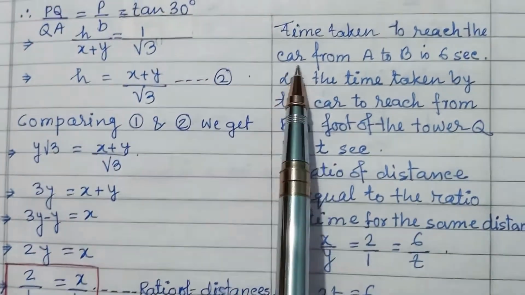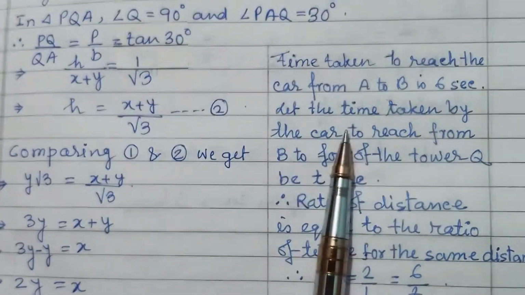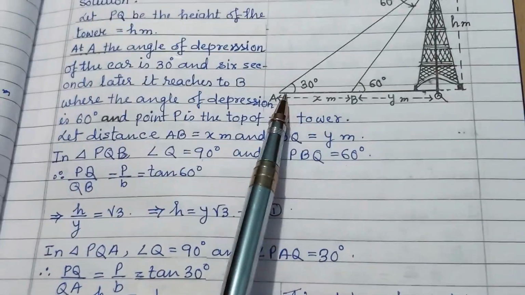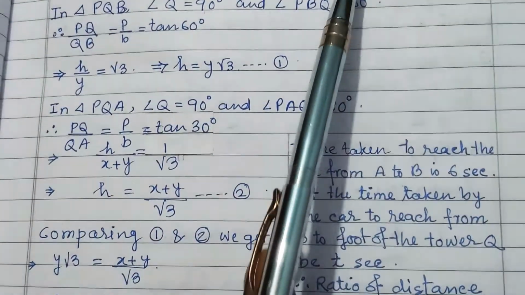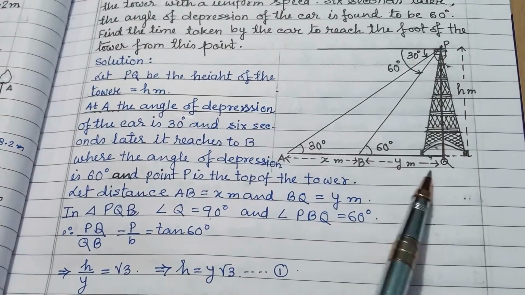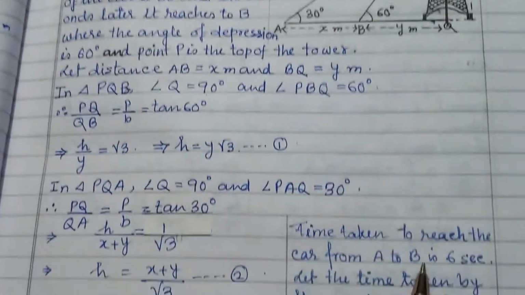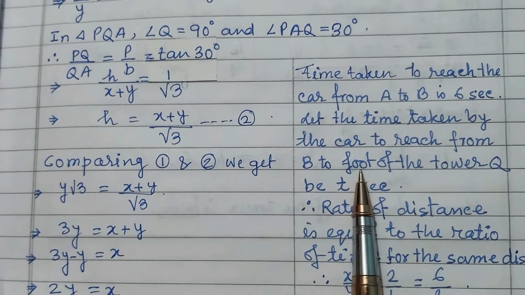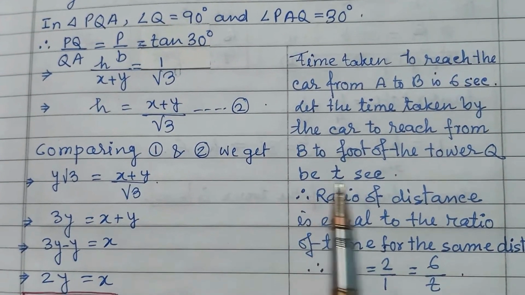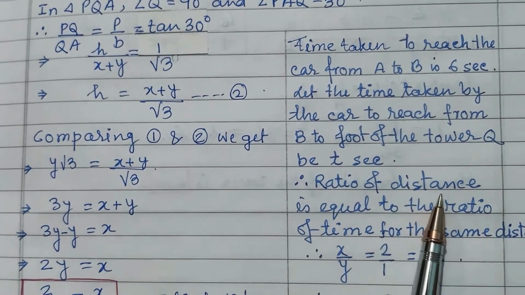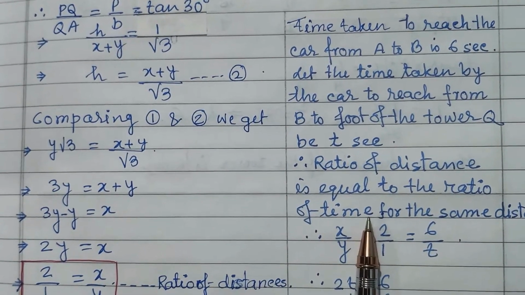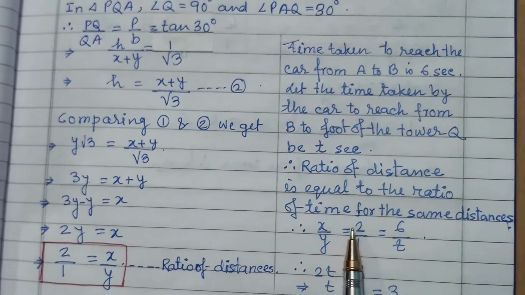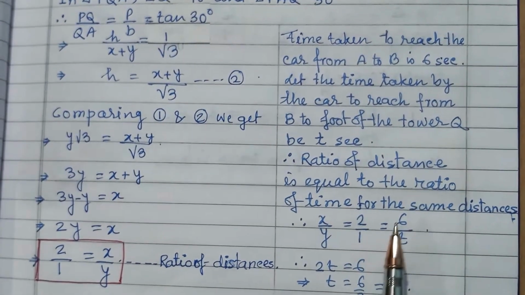Now the next part: time taken by the car to reach from A to B. In the figure you see A to B takes 6 seconds, and suppose B to Q takes T seconds. Now the ratio of the distance is equal to the ratio of the time for the same speed. So x upon y is equal to 2 upon 1, that is equal to 6 upon t.